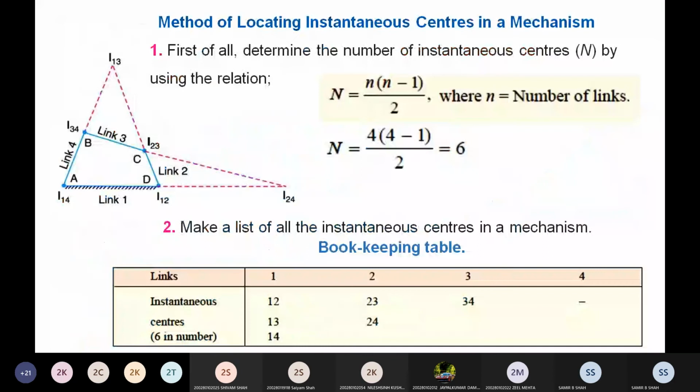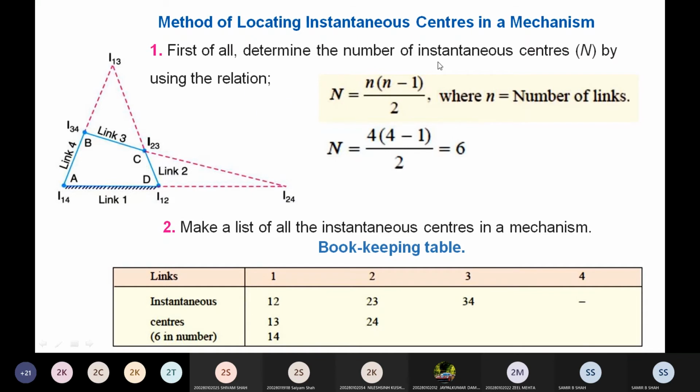Now, the method of locating I centers. We start step by step, and introduce the I centers. There are some steps. As we focus on one figure, we discuss with that figure.